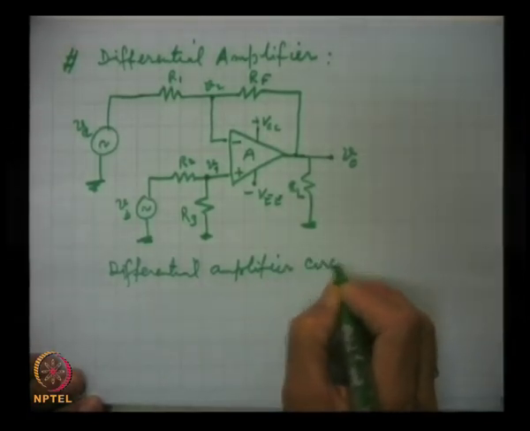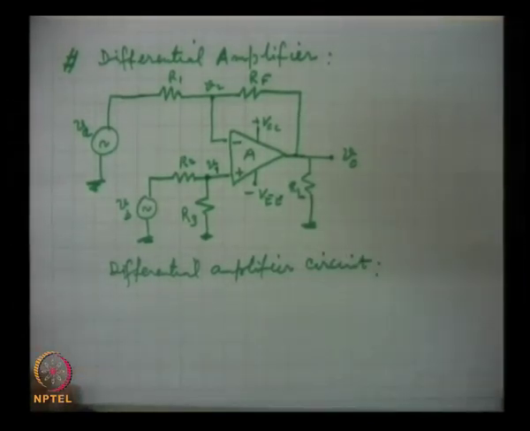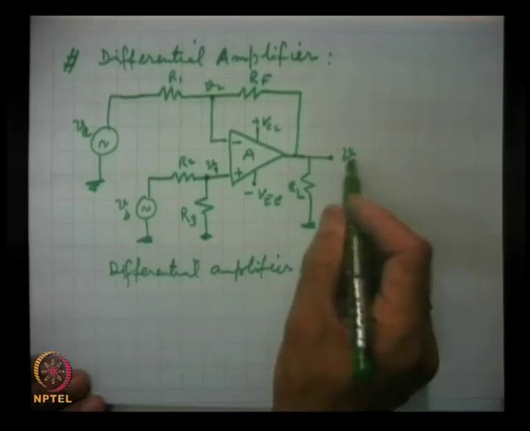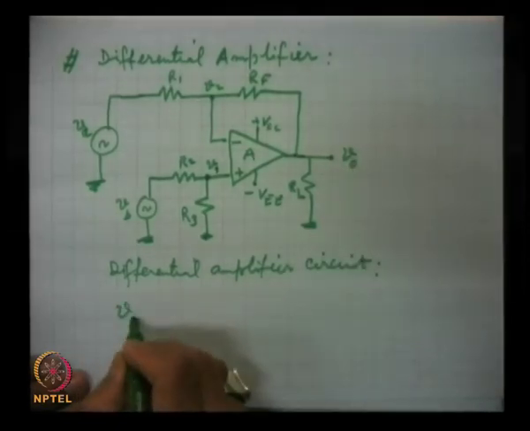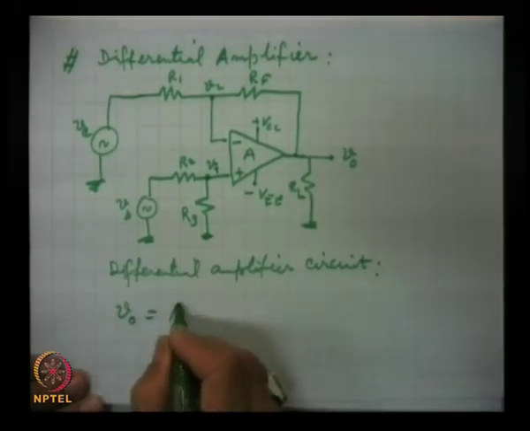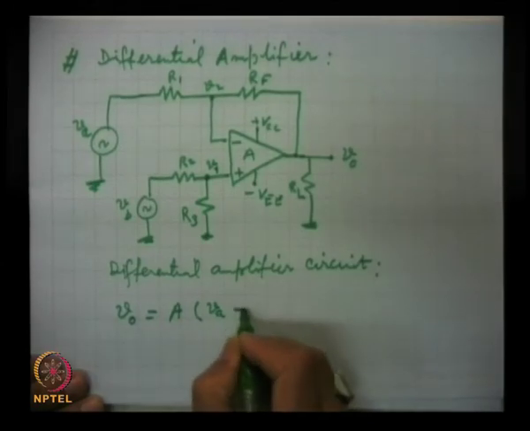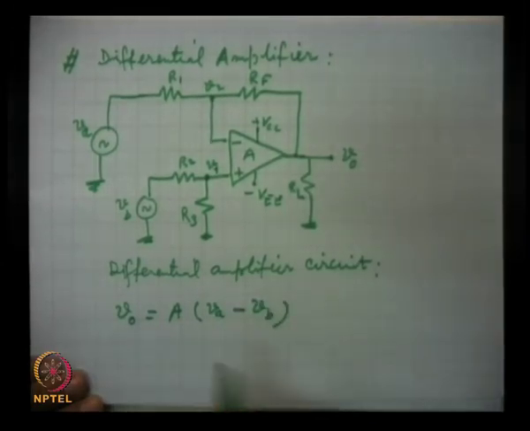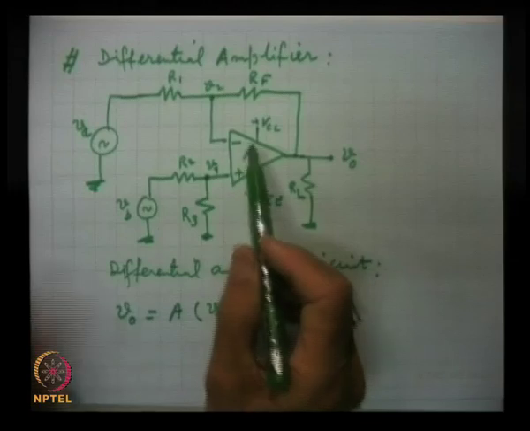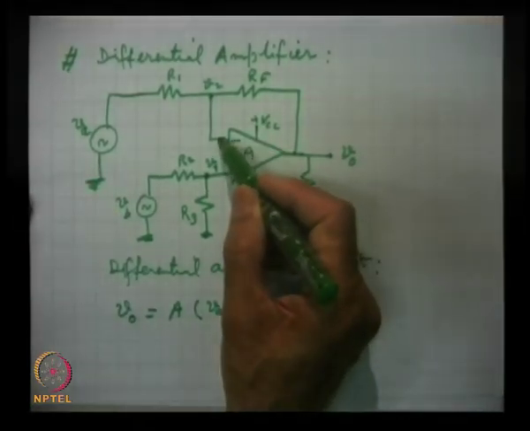Amplifier circuit, and Vout, as we have studied in the differential mode, is gain times VA minus VB. This is whatever signals will be available here.